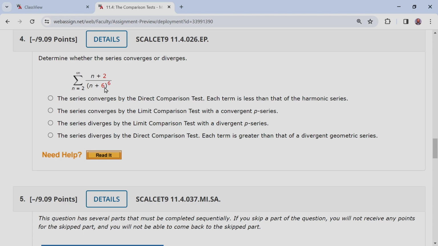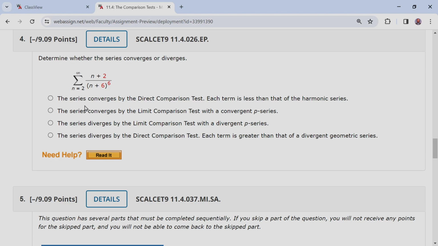And so what do we need to do? We need to use a limit comparison test here. So if I was going to use a limit comparison test, because we have n to the 6th downstairs and n upstairs, I would compare to 1 over n to the 5th. 1 over n to the 5th would give you everything that you need, because it would have the ratio of powers of n equivalent to the ratio of powers of n in this case.